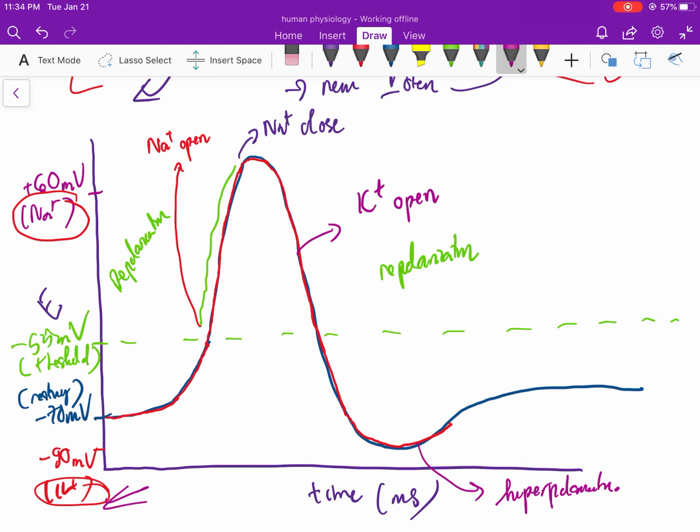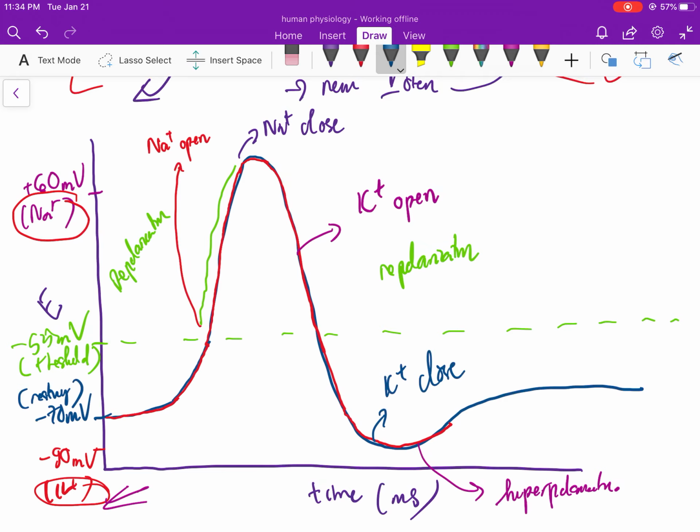When it reaches hyperpolarization, we can see that it's now going up a little bit, so it's no longer going in the negative direction. Hence, at this point, we will have our K plus voltage gated channel closed.